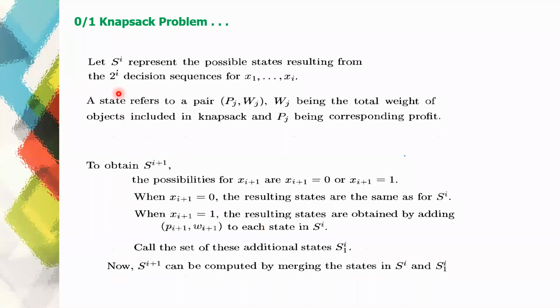How to represent each state: each set Si represents all the possible states after taking a decision on the ith object. Each state is represented as a pair of profit, weight values. Then you are going to make a decision on each i+1th object, whether you want to include it into the bag or not.